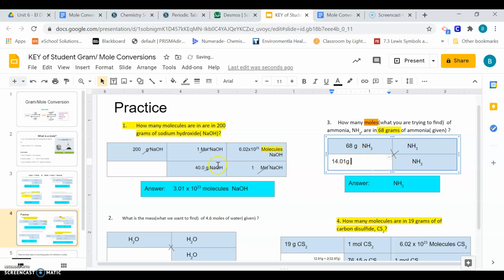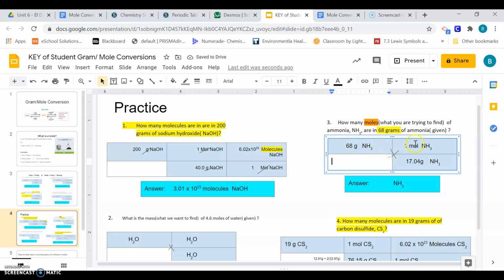There's 1 nitrogen. There are 3 hydrogens, so we do 3 times the mass of hydrogen. So 17.04 is the mass of ammonia for 1 mole. So 1 mole of ammonia weighs 17.04 grams.